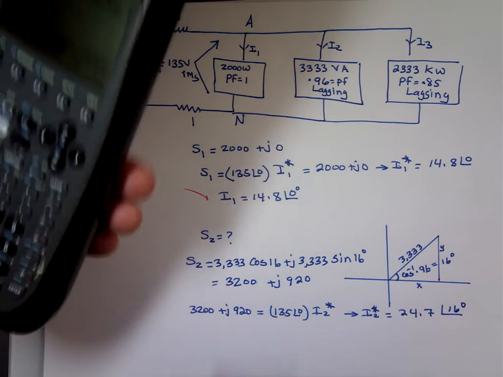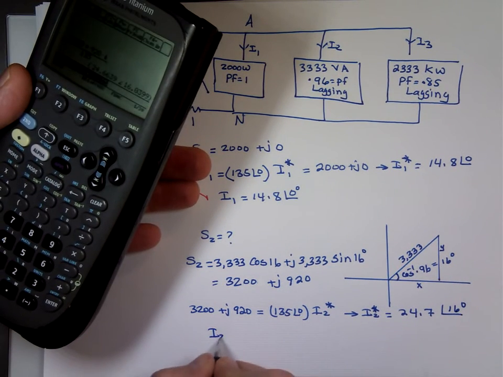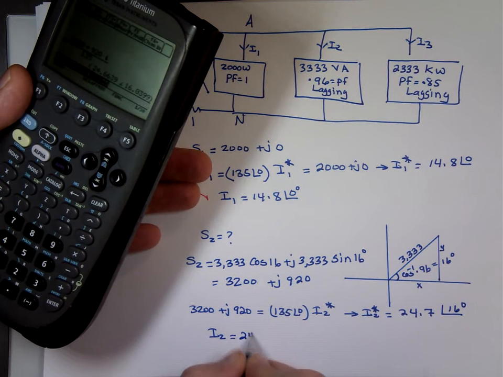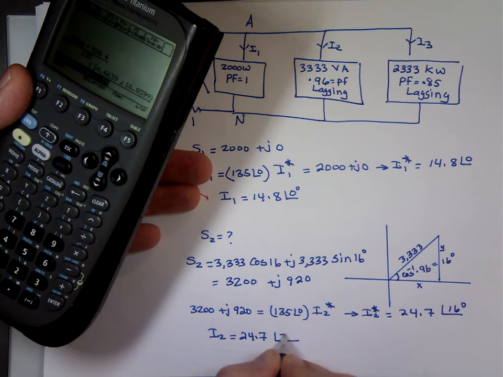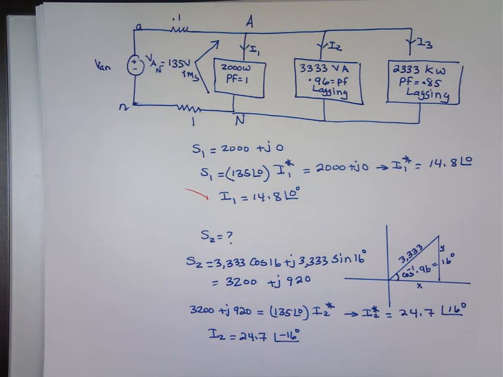So what is I sub 2 now? Negative 16 degrees, yep. 24.7 angle negative 16 degrees. And we found I sub 2. Check.